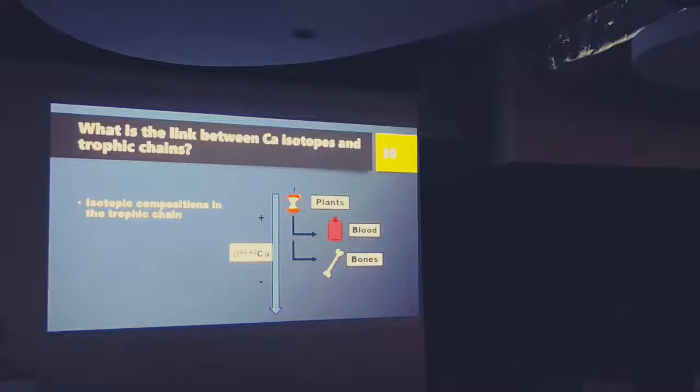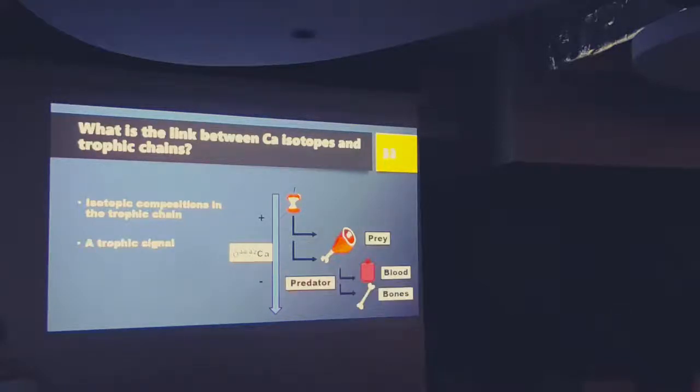And in the same way, if we consider this herbivorous animal as a potential prey, if this animal is eaten by a predator, the blood and the bones of this predator will also have a lower delta calcium than its prey. So here we have what we call a trophic signal: at each step of the trophic chain, you decrease your delta calcium.